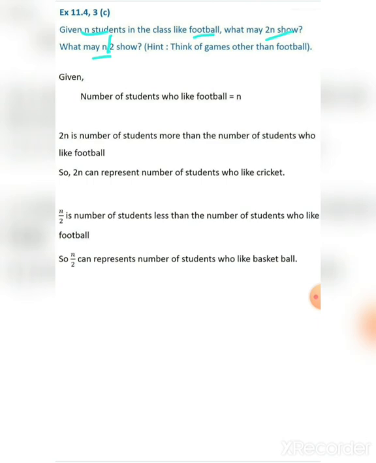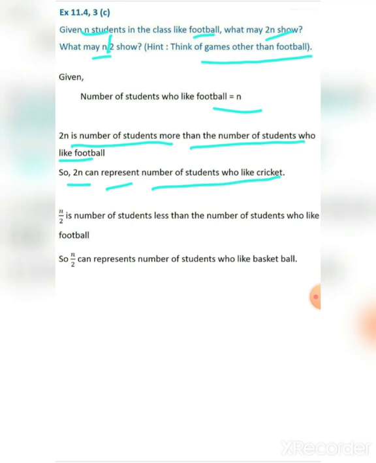Think of games other than football. So it is given that the number of students who like football is n. So 2n is a number of students more than the number of students who like football. So 2n can represent the number of students who like cricket, or any other game. Suppose we have taken cricket. So 2n can represent the number of students who like cricket.